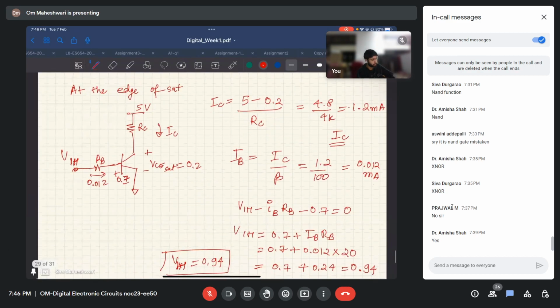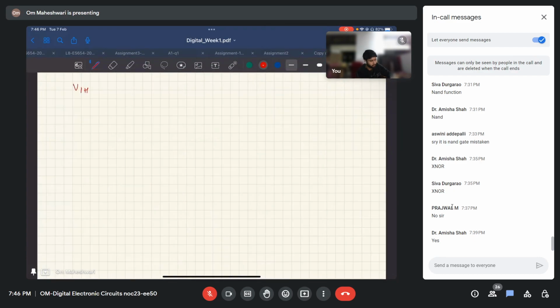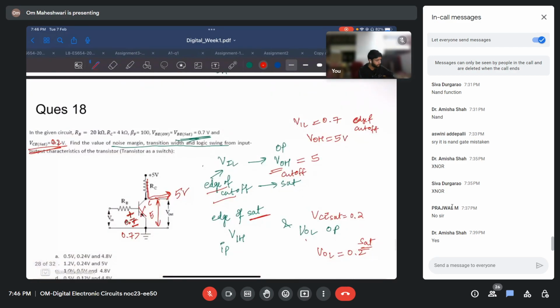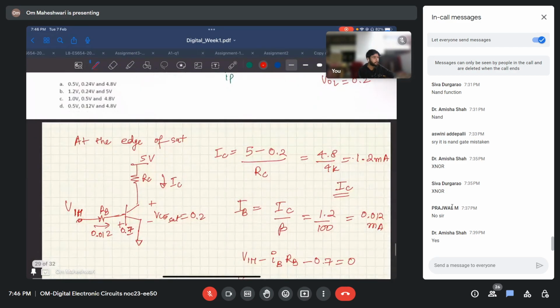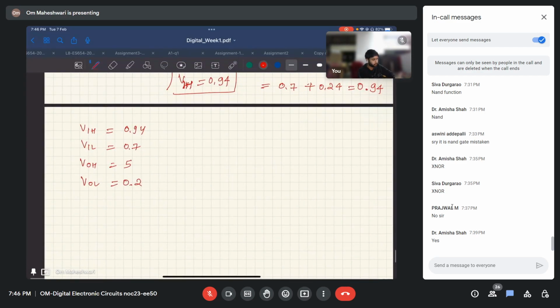So now we have all four quantities: VIH, VIL, VOH, VOL, which are 0.94, 0.7, 5, and 0.2. We have two noise margins, NMH and NML, noise margin high and noise margin low.